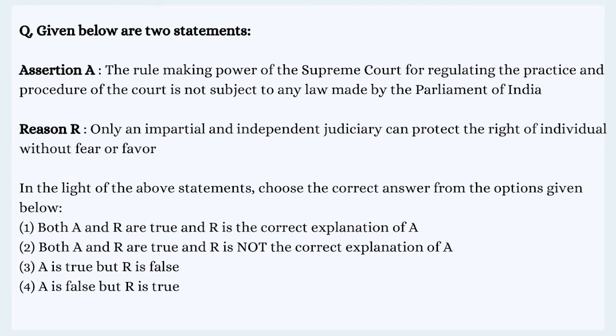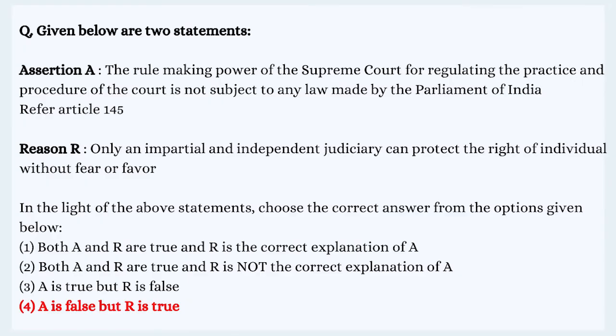Once you refer to Article 145 of the Indian Constitution, you will find this statement to be incorrect. On the contrary, let's see the statement given under the heading of reason: that only an impartial and independent judiciary can protect the rights of individuals without fear or favor. Yes, this statement is correct in itself. Hence, option number 4 is the correct answer.